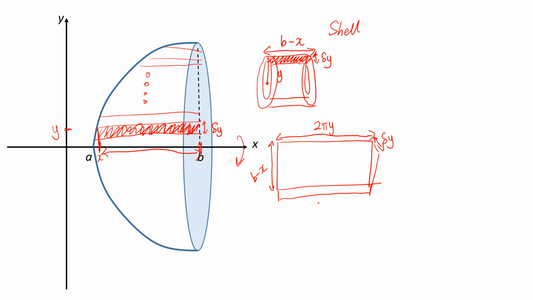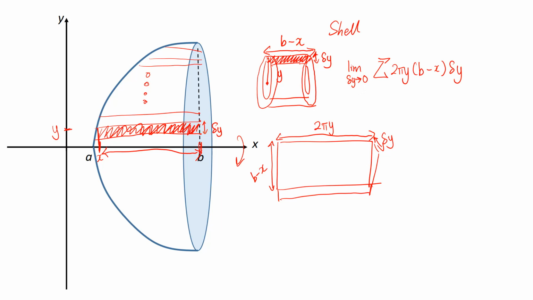So what's the volume of this sheet then? It's going to be 2 pi y times b minus x times the thickness of the sheet. Alright, so this is the volume of just one shell, and I need to sum up for all the shells. So I'll sum it up, and I'm looking at the limit of this sum when the thickness of the shell is almost 0.